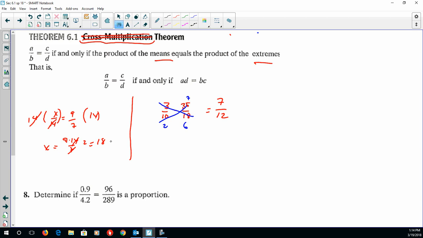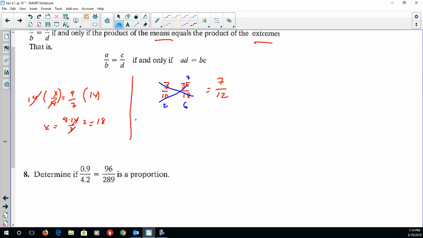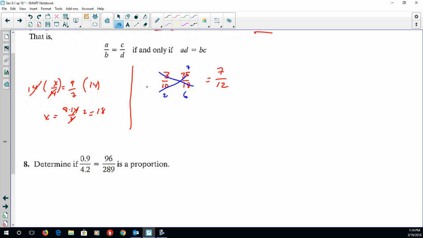Okay. Now on this one, determine if this is a proportion. What they have in mind on this is basically to do what we're not going to call cross multiplication. But if this times this equals that times that, I'm going to fall back on what my old professor said.